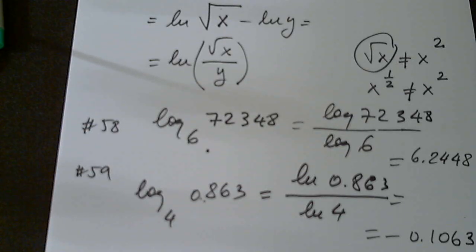Now, for the first one, 6 raised to, and this is a rounded number, I will never get 72,348. I will get either a little bit less or a little bit more. So 6 raised to 6.2448, and I will never get this number because I did not use the whole thing.